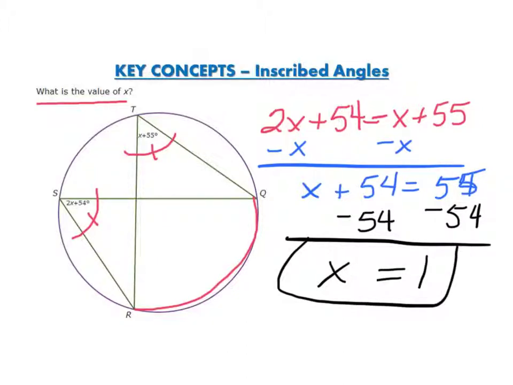So the value of x is 1. And if you plug 1 back in, I end up with 1 plus 55 is 56. And over here, 2 times 1 is 2, and 2 plus 54 is 56, and 56 equals 56. So 1 is the correct answer.